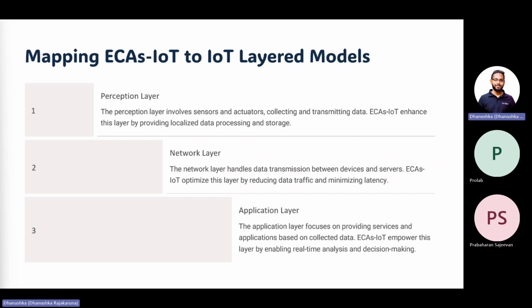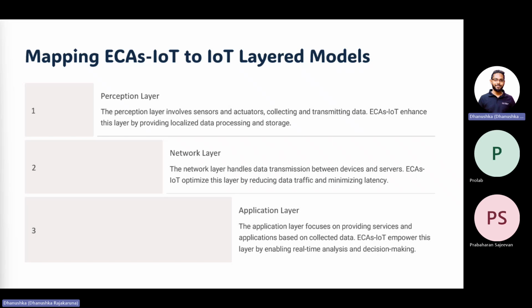In the network layer, what will be happening? Communication infrastructure for transmitting data to processing nodes. The application layer provides user-facing services and interfaces based on processed data.